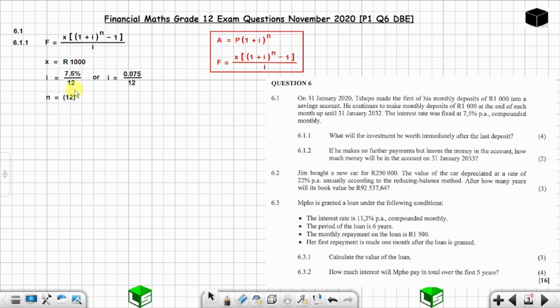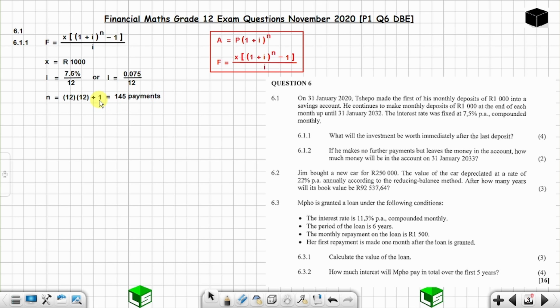For the interest rate, you divide by 12; for n, you multiply by 12. And remember, there is plus 1. So 144 plus 1 is equal to 145 payments.